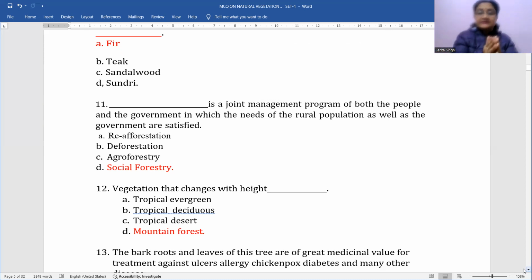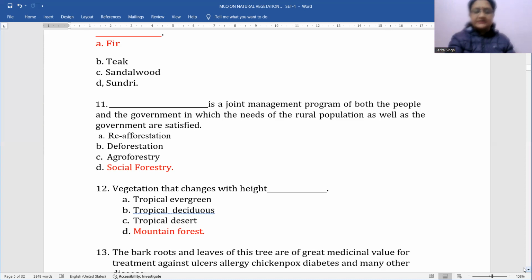And in this case, basically the poor people in the rural areas are given direct benefit by this social forestry. So here, children, reforestation, deforestation and agroforestry are not correct; option D is the most correct here, okay.